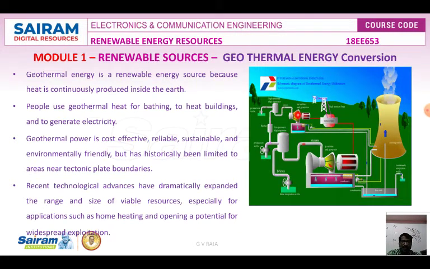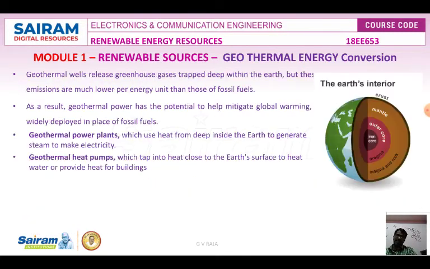The turbine is rotated here and electricity is produced. Then the same water is moved back to the earth with the help of a condenser. The steam is converted into water and is given back to the earth. This is nothing but geothermal energy conversion.